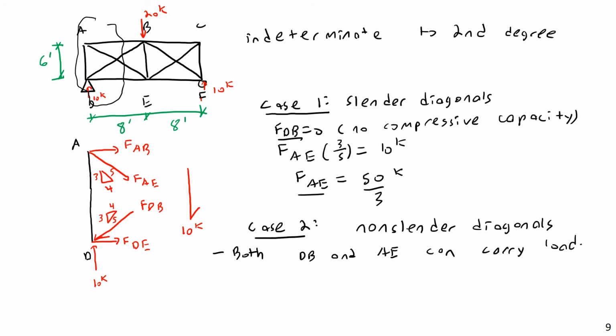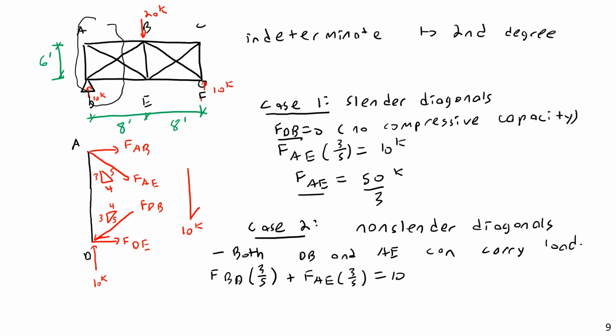So let's look at this. Now the vertical components here: I basically want the vertical component of each to add up to 10 kips. So FDB times 3 over 5 plus FAE times 3 over 5 will be equal to 10.